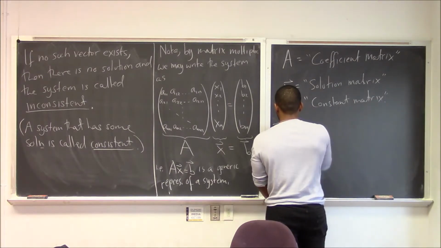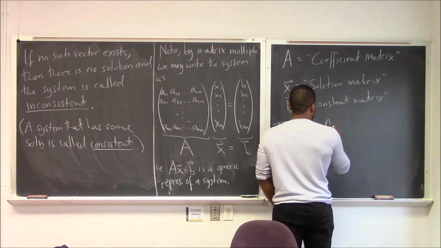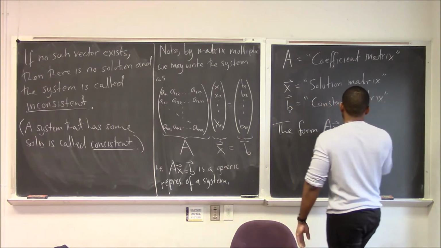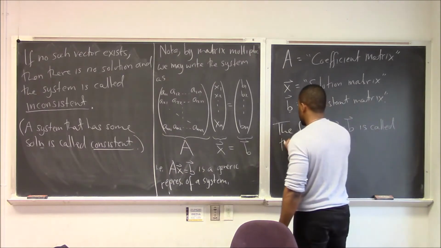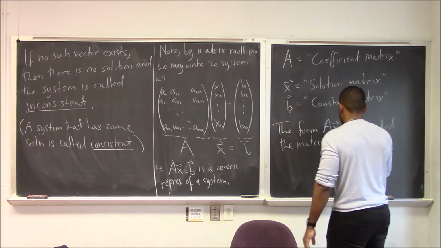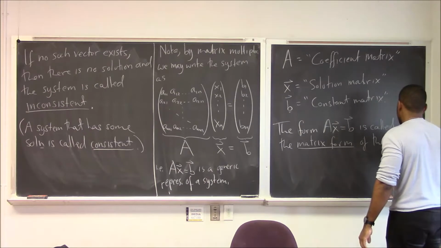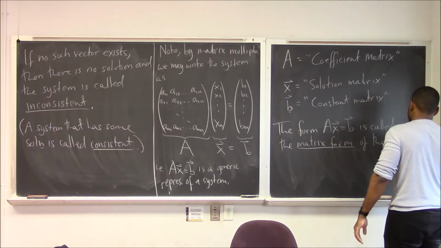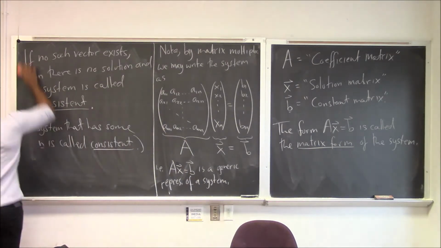The form AX equals B is called the matrix form of the system. We can actually get a little bit more efficient here.